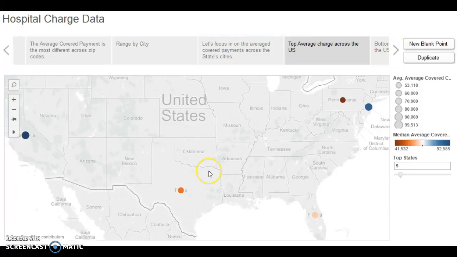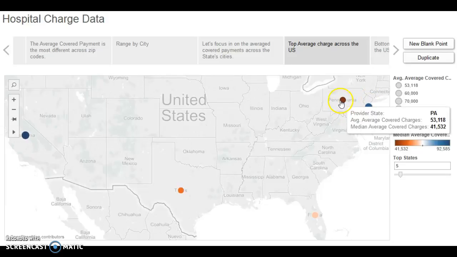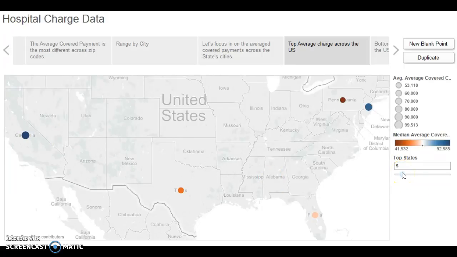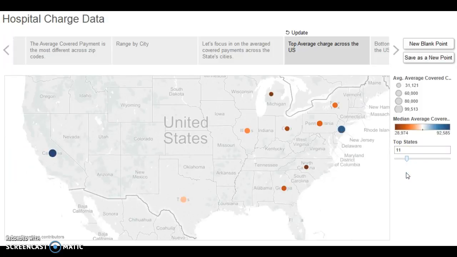Now this is another view I wanted to look at. I wanted to look at the top 5 states for the median of the average covered cost, and we have New Jersey, Pennsylvania, Texas, California, and we can change this too if we want to look at more. Connecticut's still not in there.